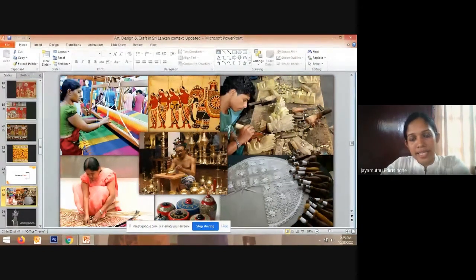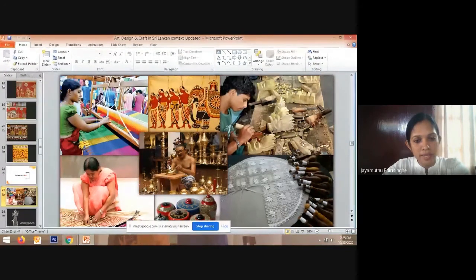In the right hand corner there is mask carving. The way they have carved masks is very different, and their nature, look and feel are different from others. But we'll discuss masks mainly after this.